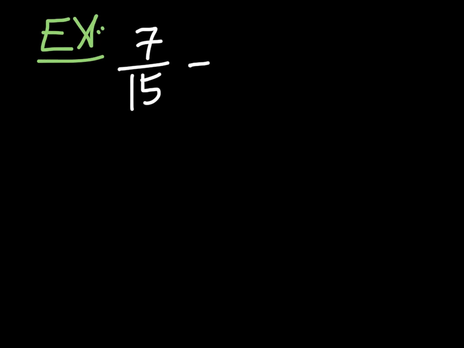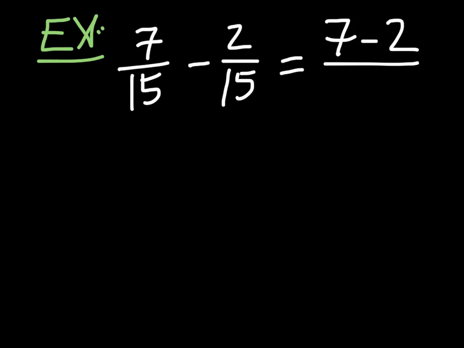Let's do minus 2 over 15, okay? I'm just going to point this out. This is exactly the same as this. Notice all I've done is made these two fractions into one fraction with an operation right up in here. But it works, it goes the other way.